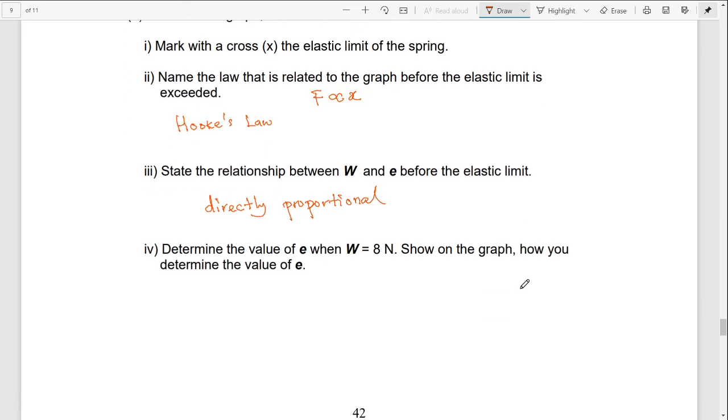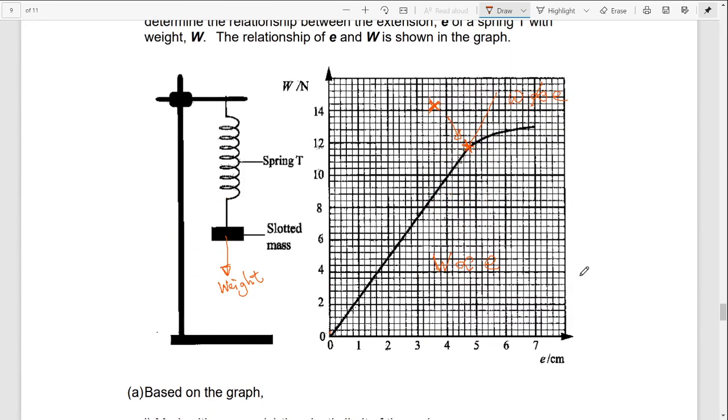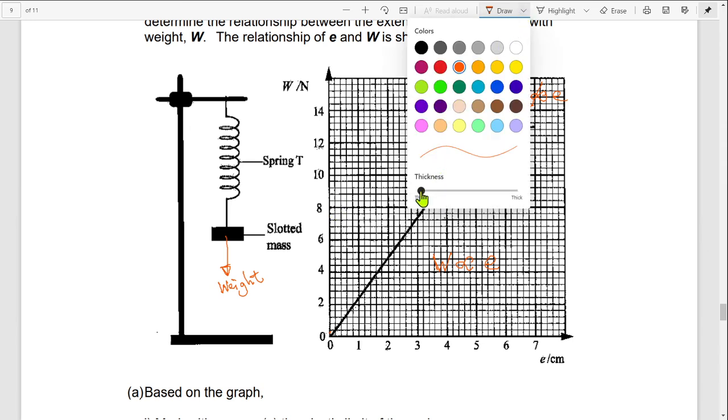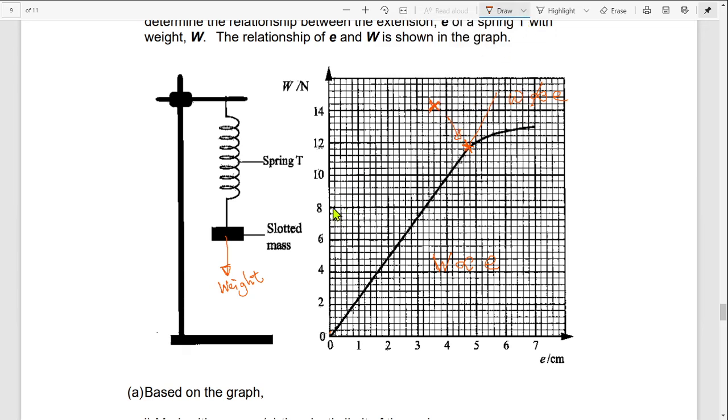Determine the value of E when W is 8 Newton. Show on the graph how you determine the value of E. So this one, I don't think you have problem with this. So when W is 8, maybe I need to make my line a bit thicker. If my W is 8, then you read what is E from your graph. So we go down here.